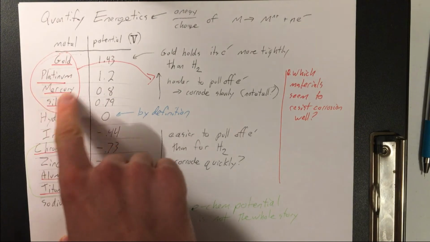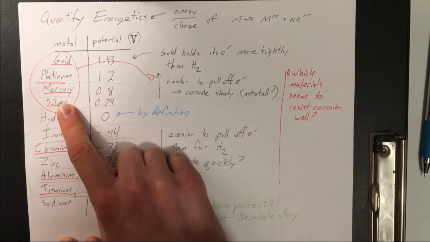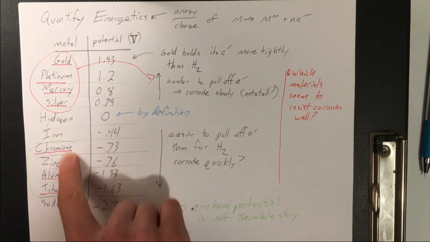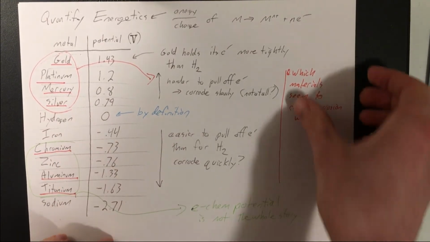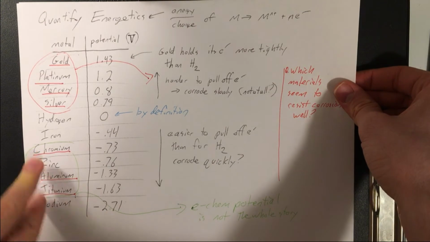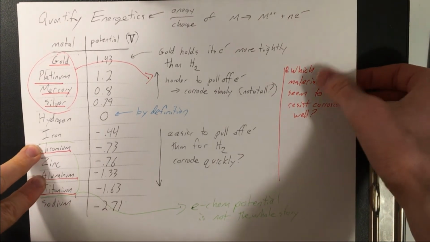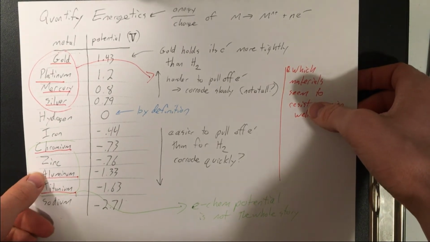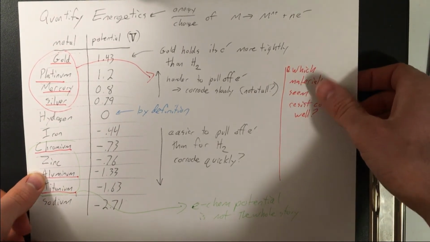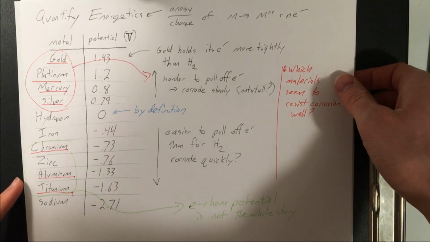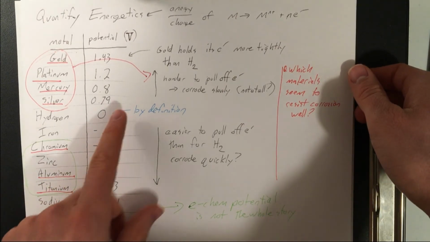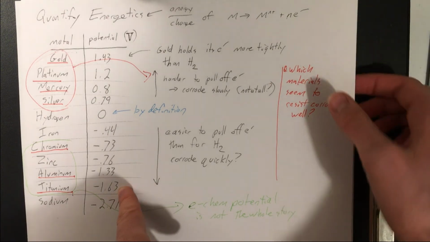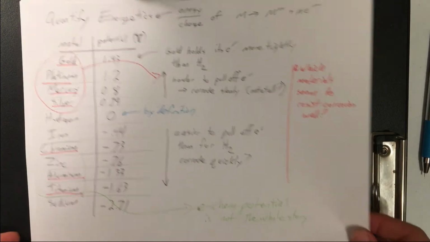So there's these metals up here that aren't really corroding or aren't really oxidizing at all. But then there are these other metals down here that seem to resist corrosion, according to our observations, our experiences, right? Aluminum doesn't really rust. But it can't really be due to its resistance to kicking off electrons.